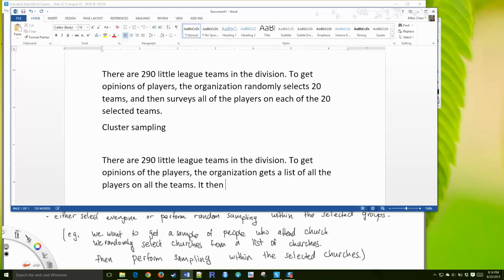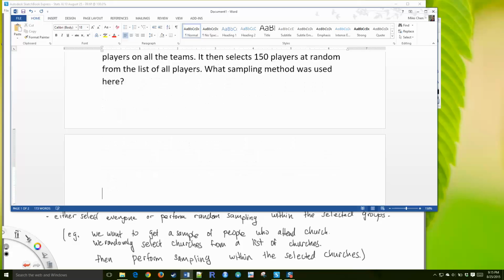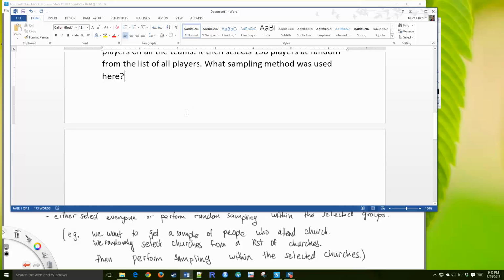It then selects 150 players at random from the list of all players. So in this scenario, what sampling method do we use?